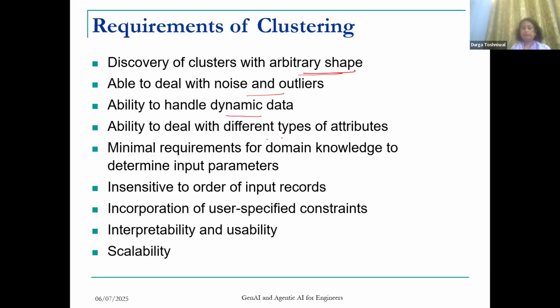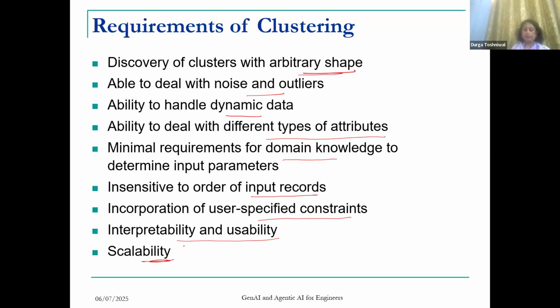It should be able to handle different types of attributes. Then it should not require some domain knowledge, and it should not have some hyperparameters that should be fed into the algorithm. It should not be sensitive to the order in which inputs are provided. Then if some user specified constraints can be incorporated, that can be good. It should have interpretability and usability or explainability.